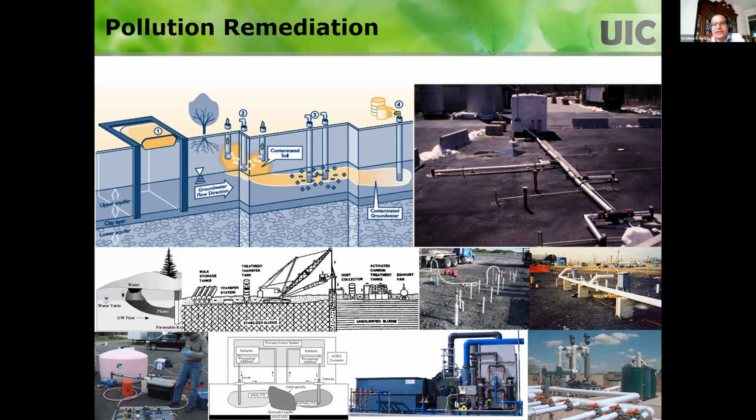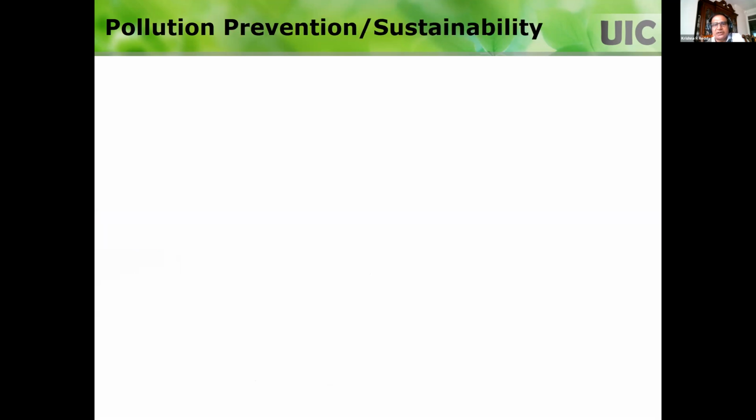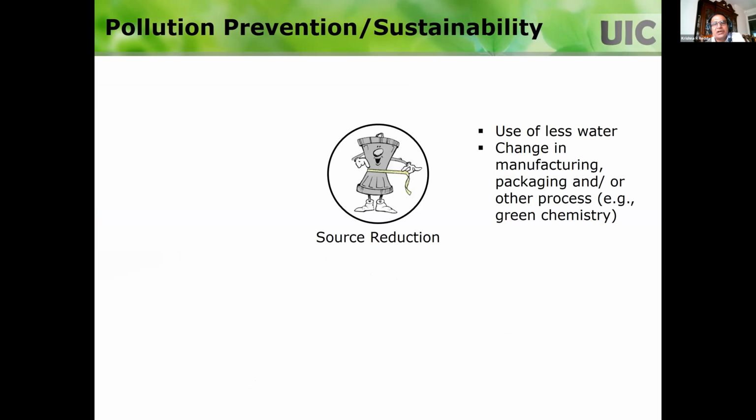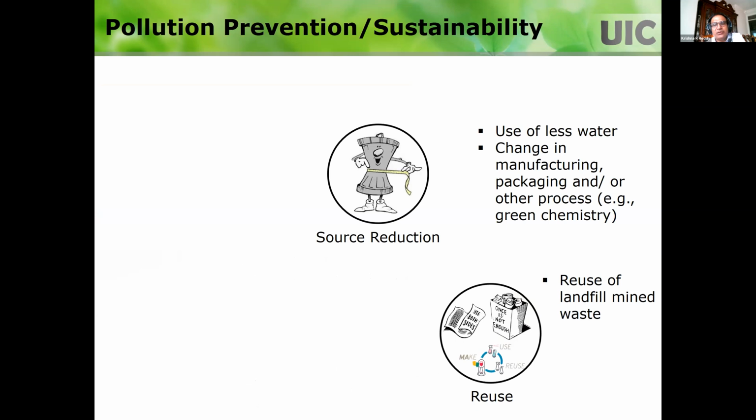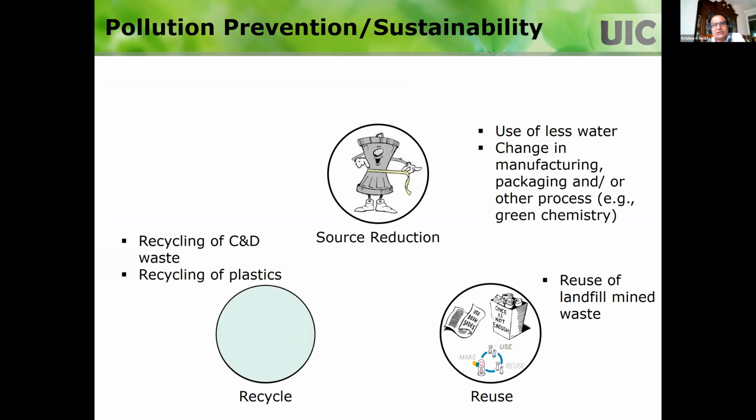The point I'm trying to make is that these systems have to be designed based on geoenvironmental considerations. Now, we don't want the problems to be created. We want to avoid the problems. So pollution prevention and sustainability are important considerations in geoenvironmental engineering also.